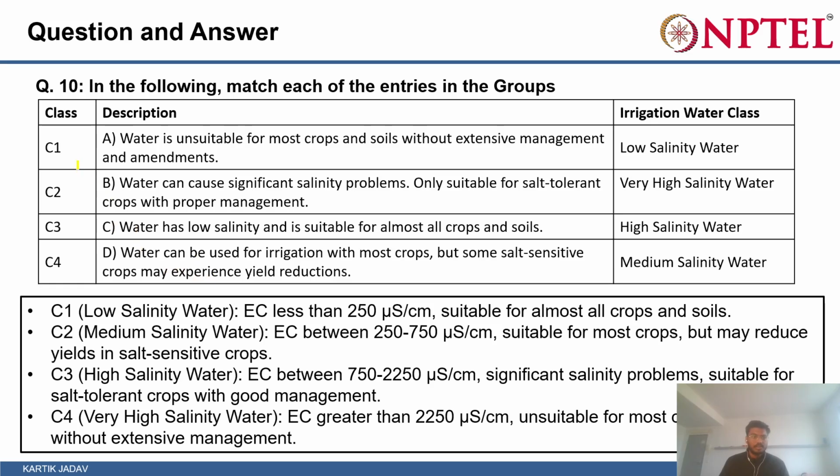So C1 is the low salinity water, and generally the electrical conductivity in this kind of water is less than 250 microsiemens per centimeter and suitable for almost all crops in a soil.